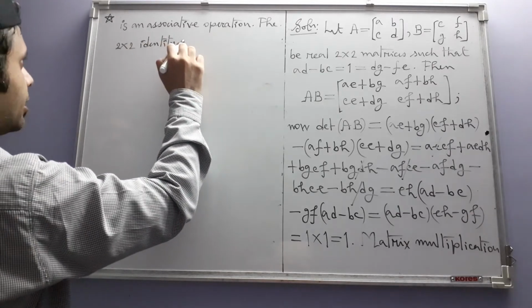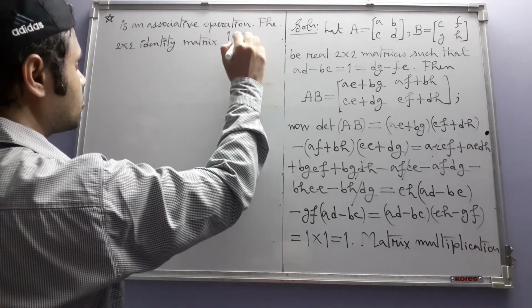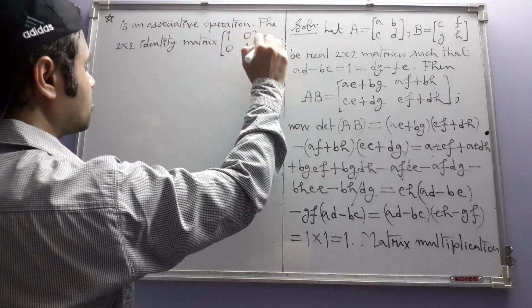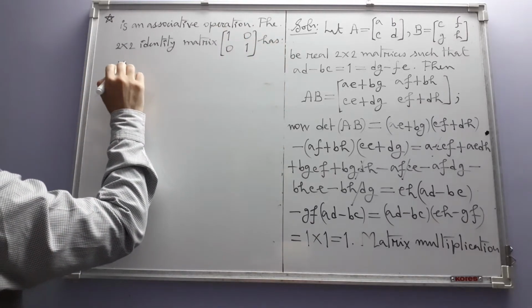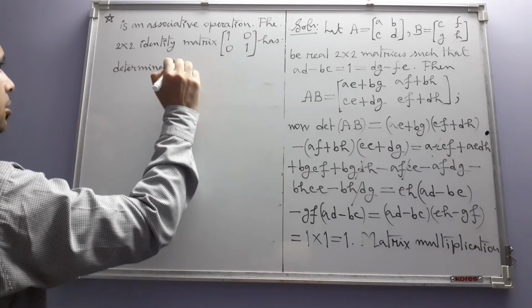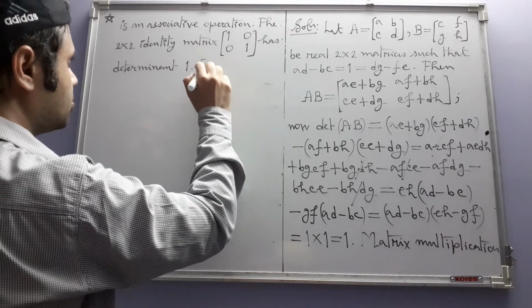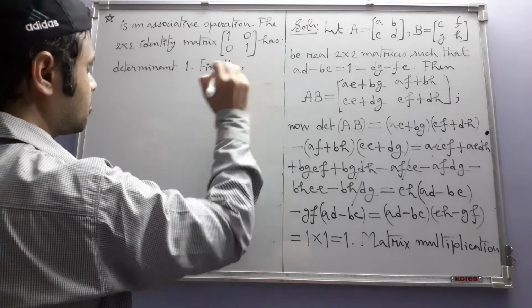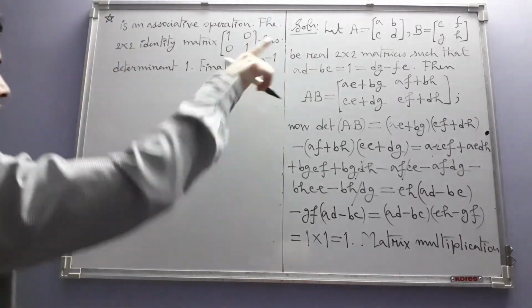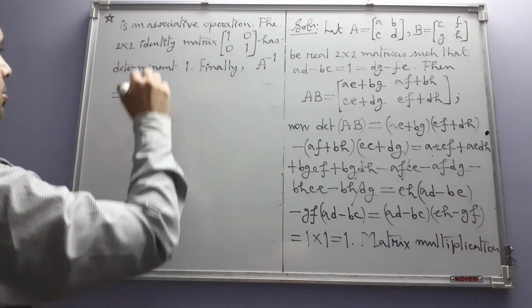The 2 by 2 identity matrix has determinant 1. That is also known. Finally, A inverse. A is that A. A inverse is this.